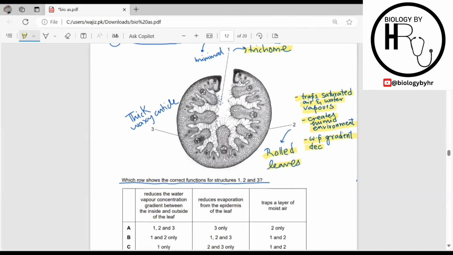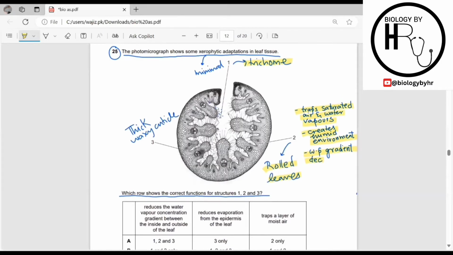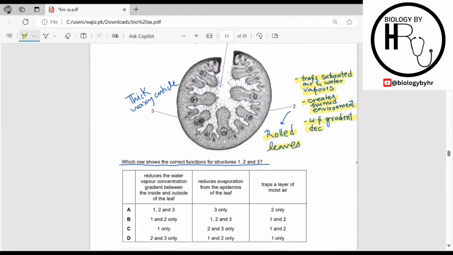Due to which the rate of transpiration also decreases and hence the loss of water from the leaves is less. So what can we say? Traps a layer of moist air. So the option will be that 1 and 2 both trap a layer of moist air.